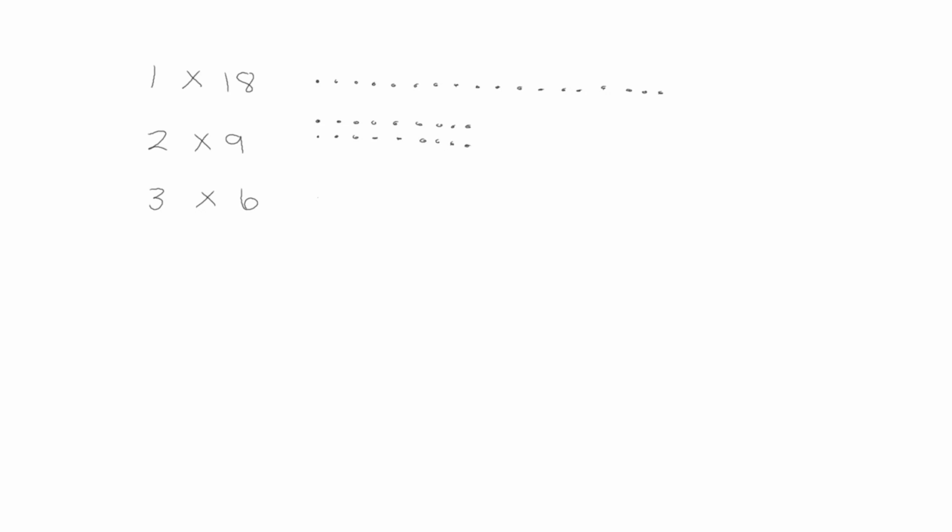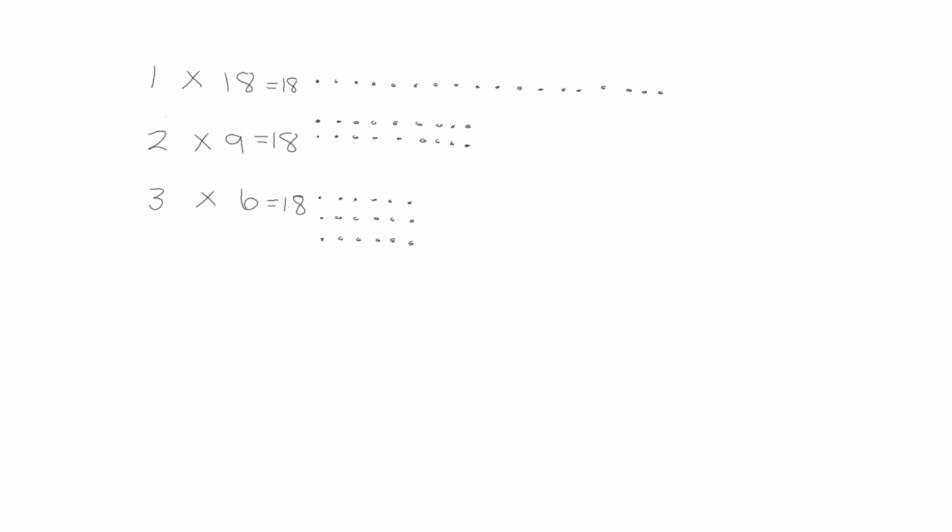And in the third array, we have 3 rows of 6 each. In each of these arrays, we're showing a total of 18 objects. We're just arranging them in different ways. So each of these then becomes factors in a multiplication problem equal to 18.